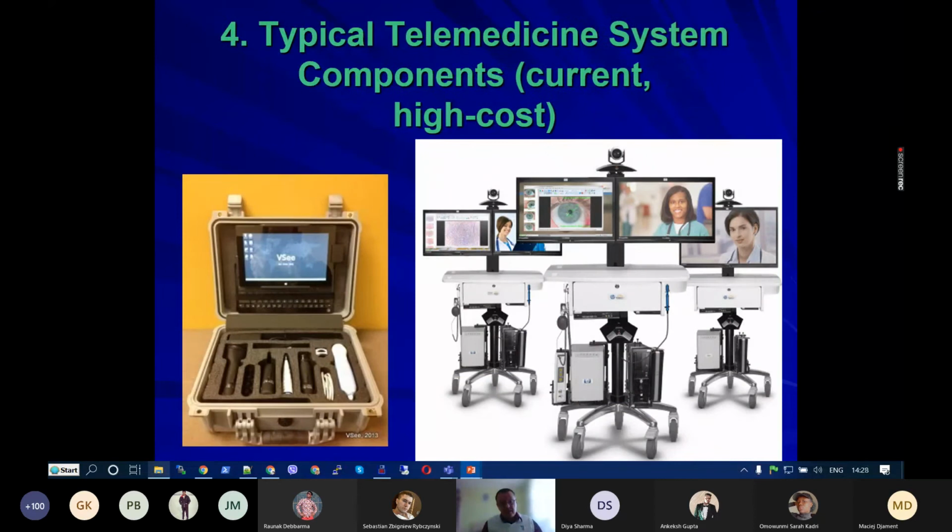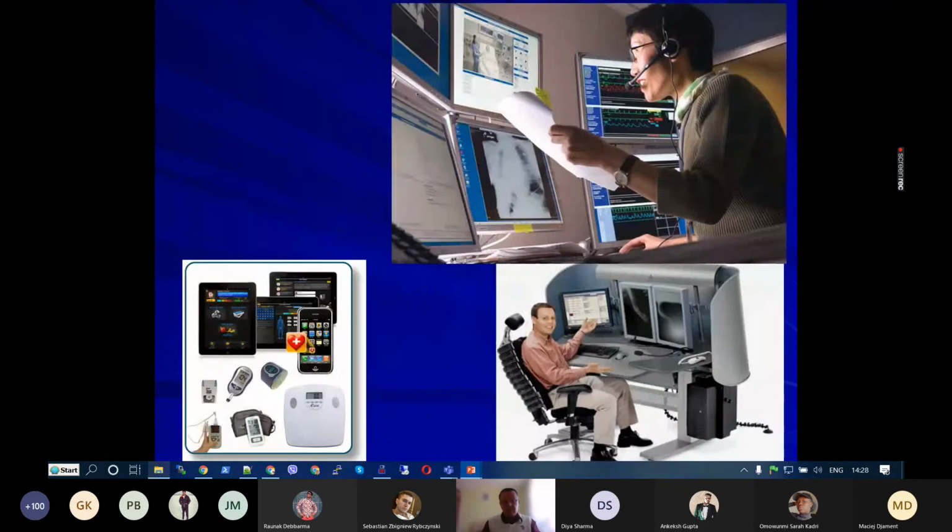So anyway, lots of professional solutions are still available for performing telemedical diagnostics in the field, like on the left side, or also offering consulting points like on the right side. But it's a luxury, high-cost solution, so it requires significant payments.